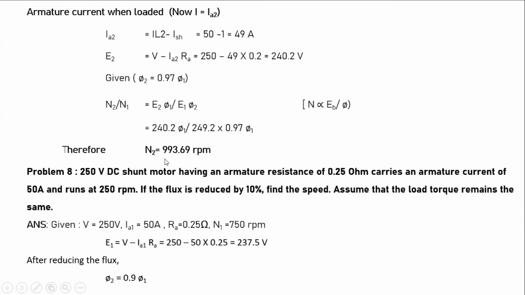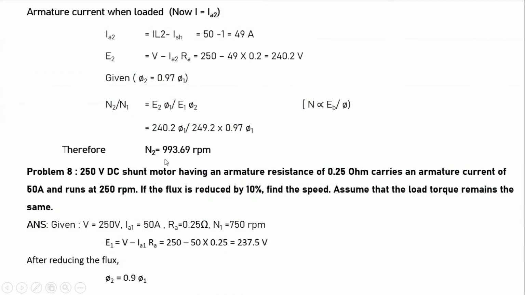Next we need to find the shaft torque. So what is shaft torque? The shaft torque is 9.55 into output by N. What is output? Output is given as 8.2 kilowatt, so it has to be 8.2 into 10 raised to 3.